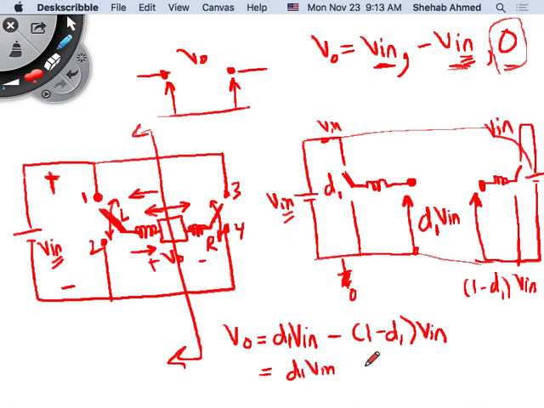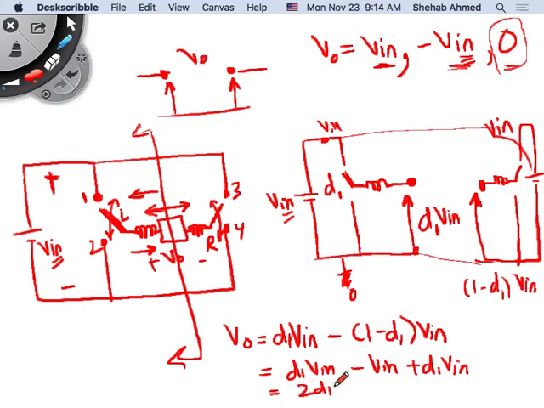D1 V input minus 1 V input plus D1 V input.